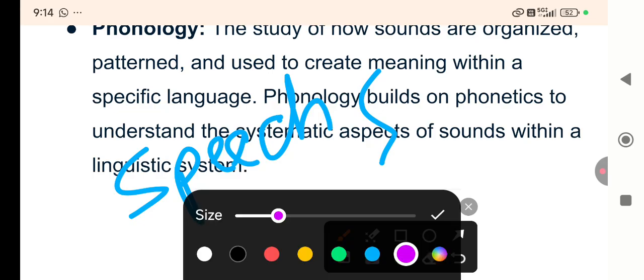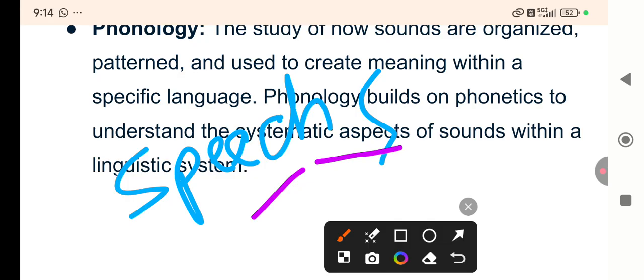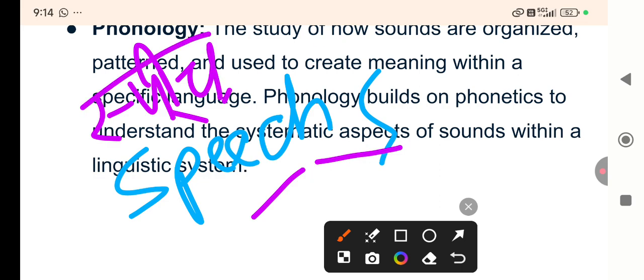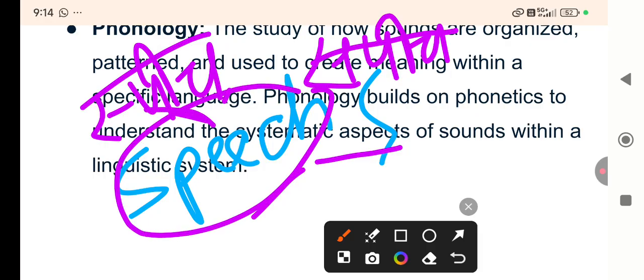I write it here. That's speech, right? Speech and speech. Punjabis say it differently, right? So this is the difference. The spelling is the same, but they say it differently, right?